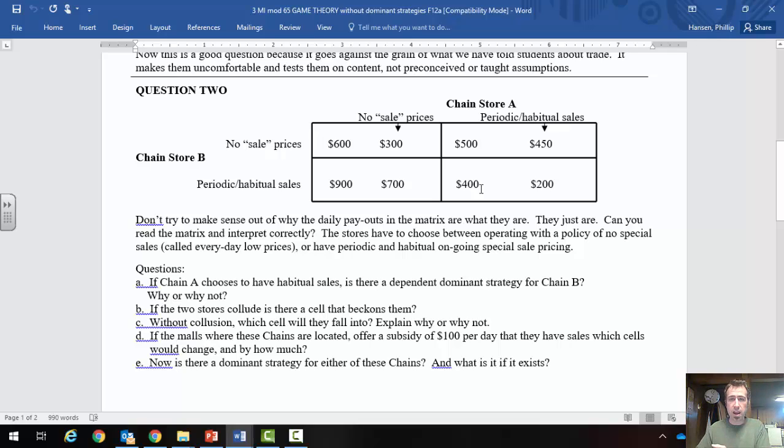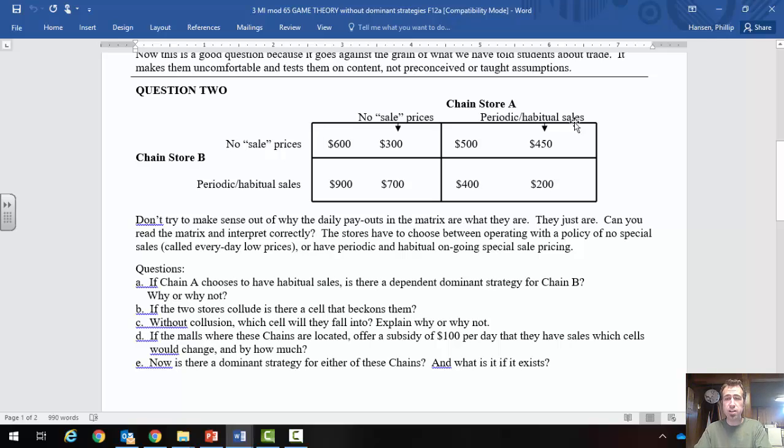Let's look at chain store A. Chain store A, they could do 300 or 450. So if we're just thinking about these two, they would choose to have habitual sales. But habitual sales might be better in this circumstance, but down here, if chain store B chooses habitual sales, they only get 200, which is worse than 700.